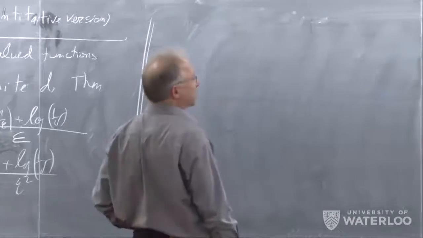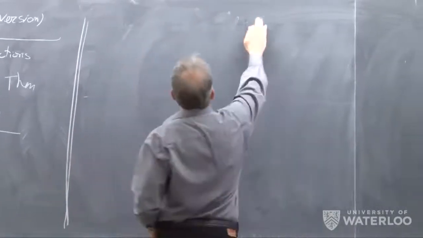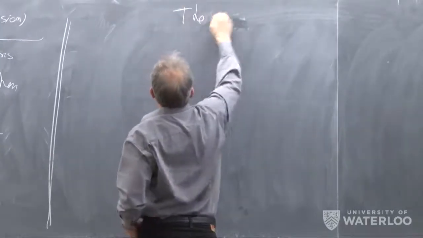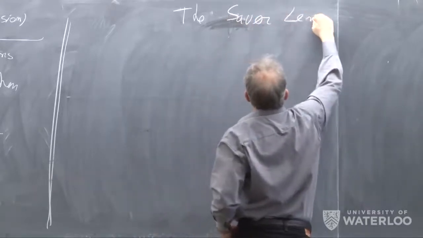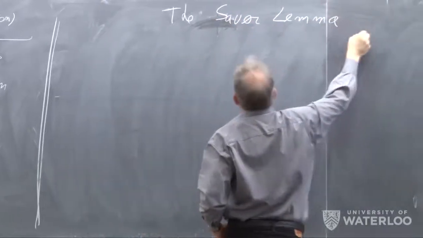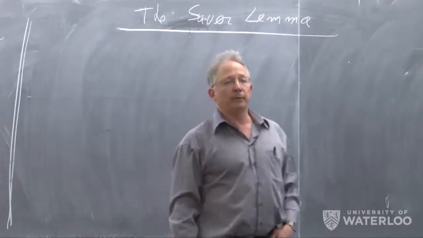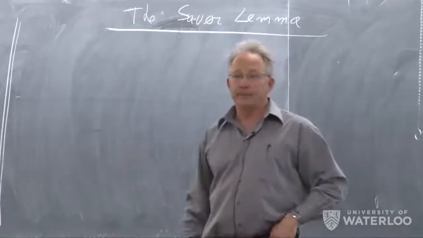And this is called the Sauer lemma. This is the key property of VC dimension that makes this all tick.